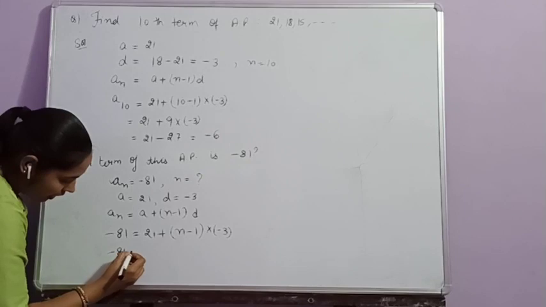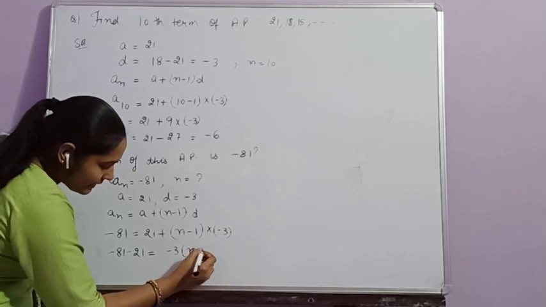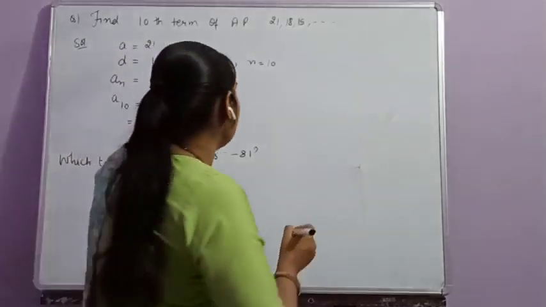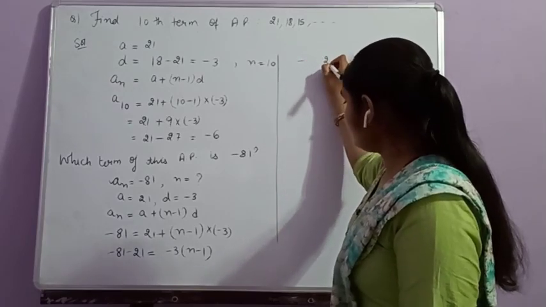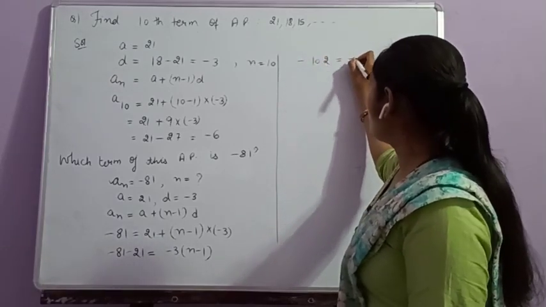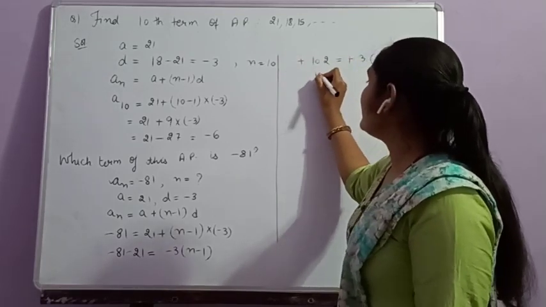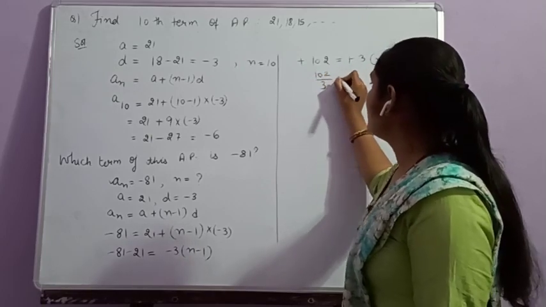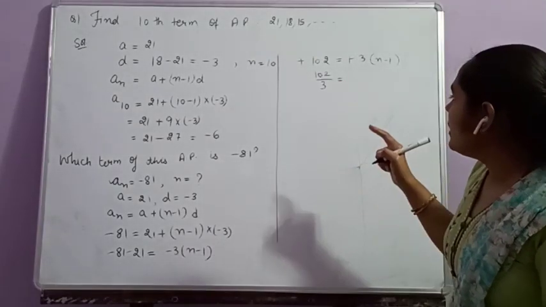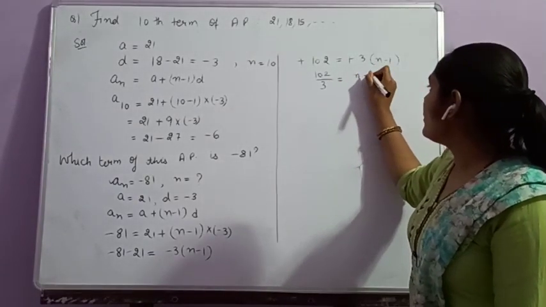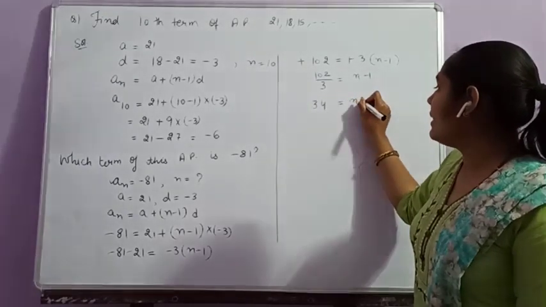21 on the left hand side will be negative, so minus 81 minus 21, that is minus 102, equals minus 3 into n minus 1. The minuses cancel out. 102 divided by 3. 3 is in multiplication on the right hand side, so it becomes division on the left hand side, equal to n minus 1. 3 threes are 9, 3 fours are 12, so 34 is equal to n minus 1.